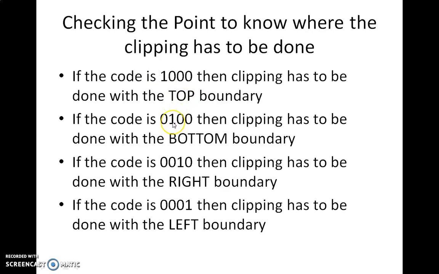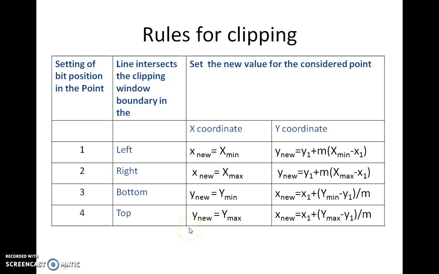Similarly, when it is in the 3rd bit position, the line has to be clipped till the bottom boundary, and the 2nd bit position 1, the line has to be clipped till the right. 1st bit position 1, the line has to be clipped till the left boundary. So this is how we have to find out.